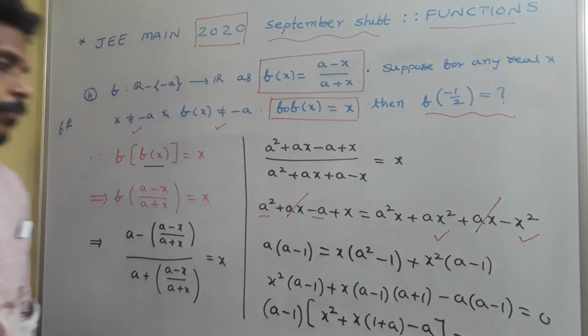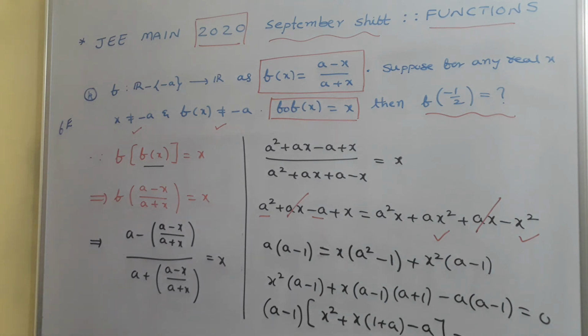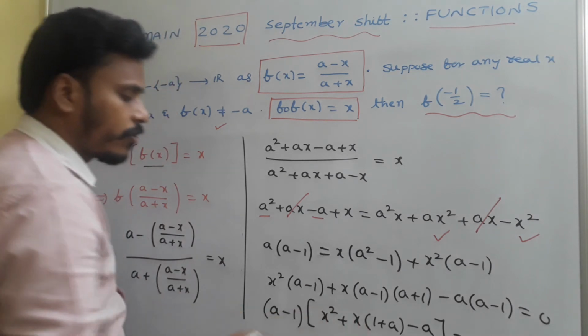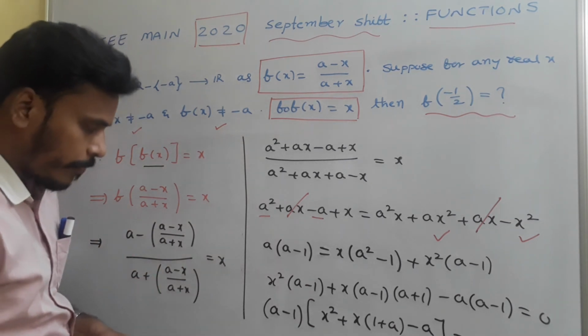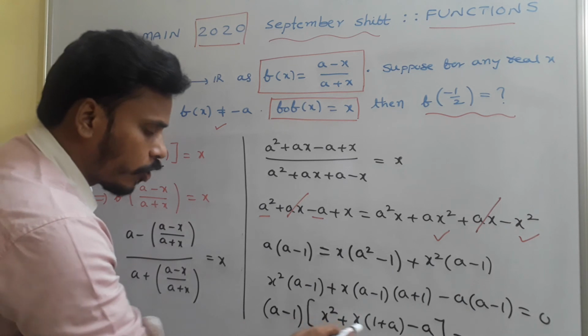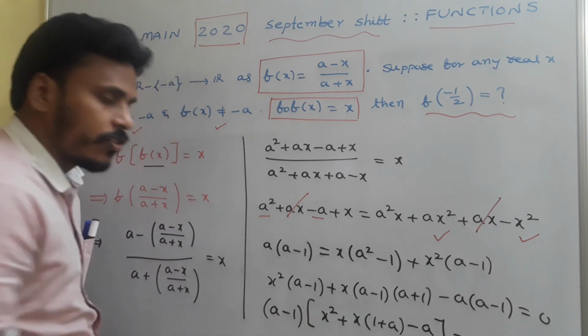Just look there. So either this is 0 or that is 0. Okay, you just think about it. Now, since we need to find out the value of a, this product is 0, either this is 0 or that is 0.